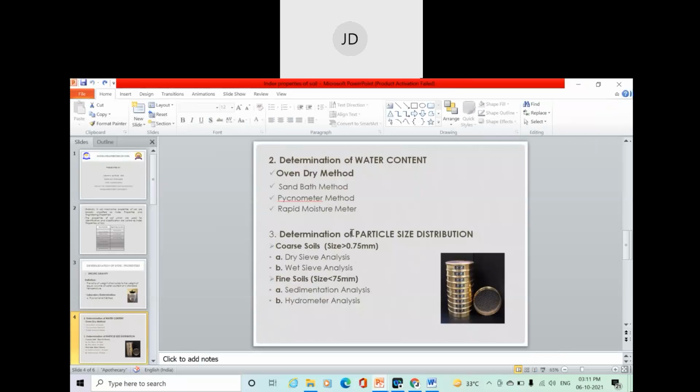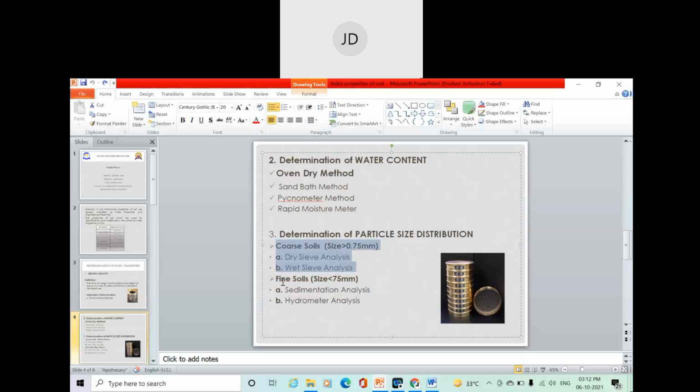This is basically for coarse grain soil, that is for sand and gravel. For the classification of sand and gravel, we can go for sieve analysis. For fine grain soil, that particular classification is done by hydrometer analysis or pipette analysis. Basically, it is known as sedimentation analysis. Theoretically, you have to know this. For coarse grain soil, we can go for dry sieve analysis or wet sieve analysis.